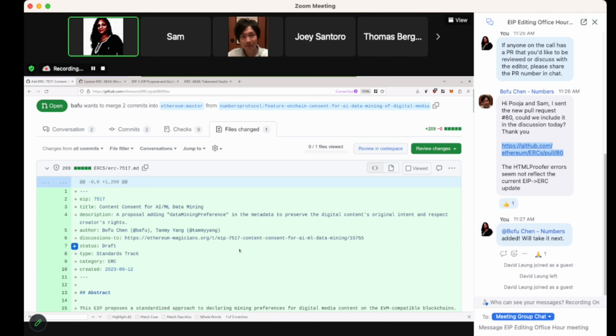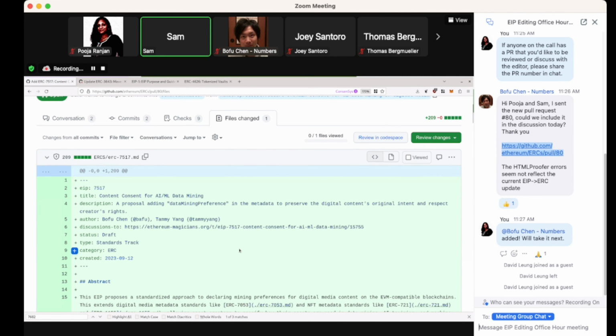So authors who have questions generally join this call and try to get their proposals reviewed and share their question with the editor. Yeah, we want to avoid the situation where this is a backdoor to get your EIP reviewed faster, even though it is that a lot of the time.